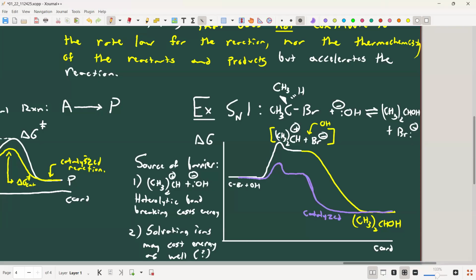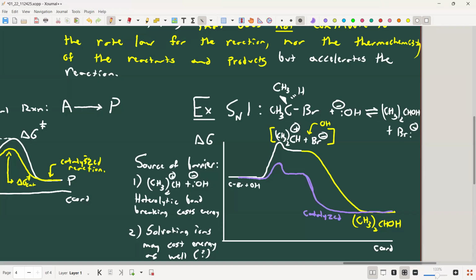So if we wanted to optimize this reaction, make it go faster, we have two physical things that we can deal with. What we think about with a catalyst is what is at that point, and what chemical structure is at that high energy point, and what can we do to bring it down in energy? There are two kinds of physical sources of bringing that down.